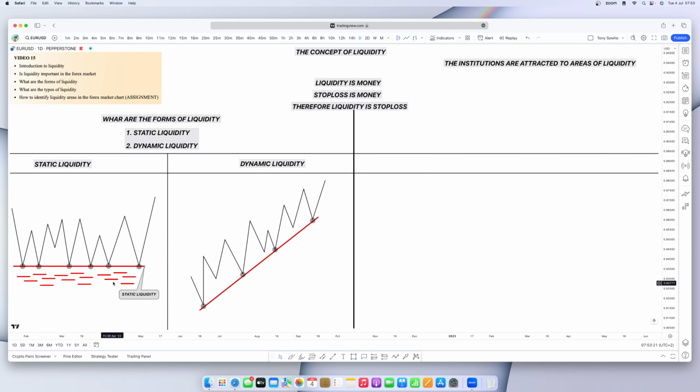Okay, and then for this one, we're going to have stop loss orders like this. So this is just like me saying a lot of people are putting the stop losses here, and then many people buy this area again, the stop loss here, and then we have stop loss here also, right?